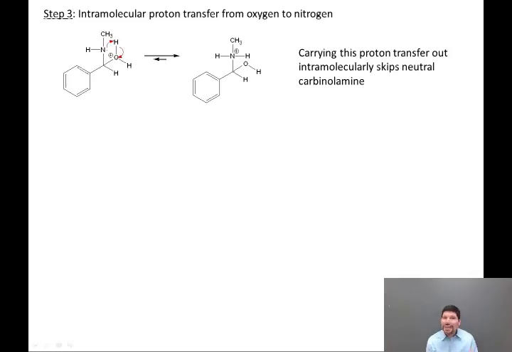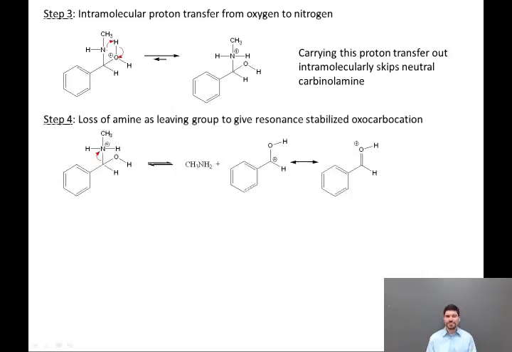That can happen, that probably does happen, but in this case, carrying out the proton transfer reaction intramolecularly is probably how it goes, probably going to be faster, and there's no reason why we have to include an intermediate that's going to be very short-lived under the reaction conditions anyway. So I am happy with us going directly from the cationic oxygen to the cationic nitrogen.